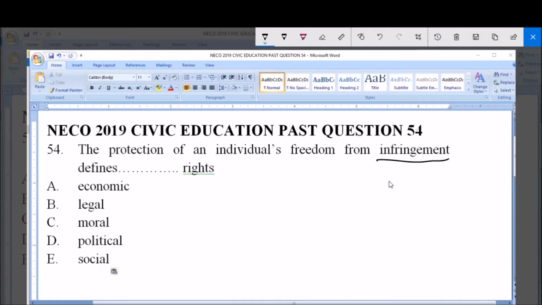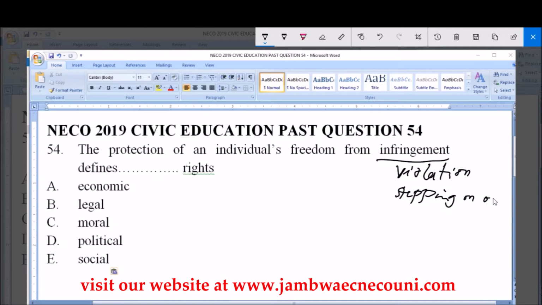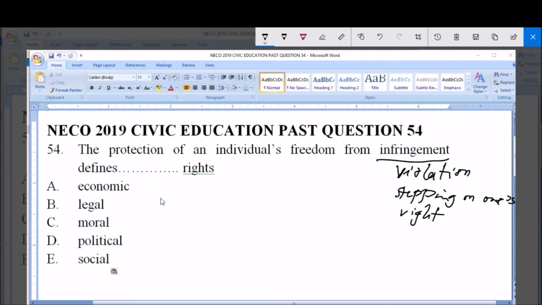Infringement means violation, or stepping on one's rights. That is infringement on individuals. So the protection of an individual's freedom from infringement defines dash right.